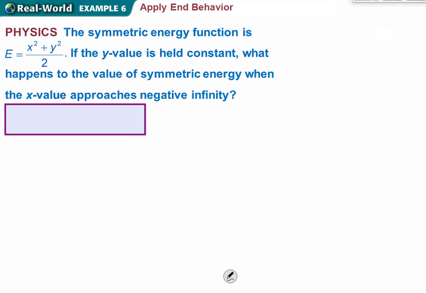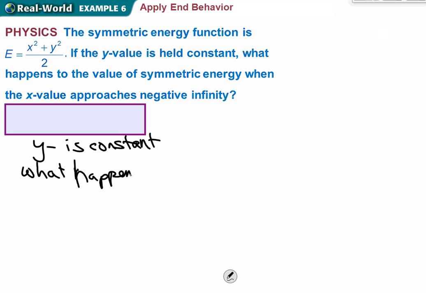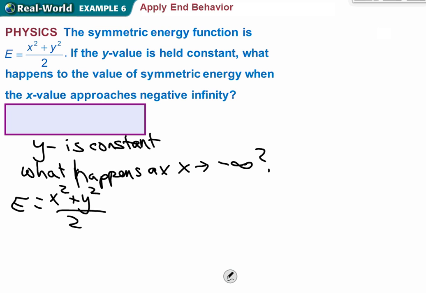So y is constant. And then what happens as x approaches negative infinity? Our equation is e equals x squared plus y squared over 2.